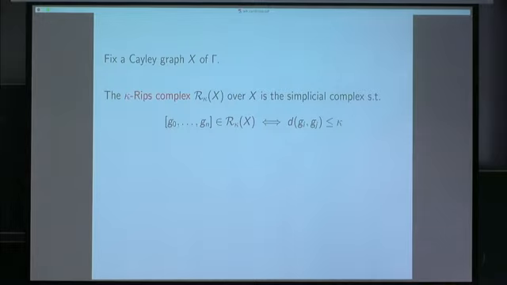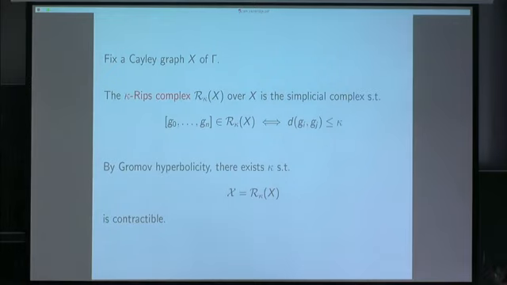We take the simplicial complex, which has a simplex with a set of vertices if and only if every pair of vertices is close, say. Okay? Pairs of vertices in the simplex need to be at distance at most k.